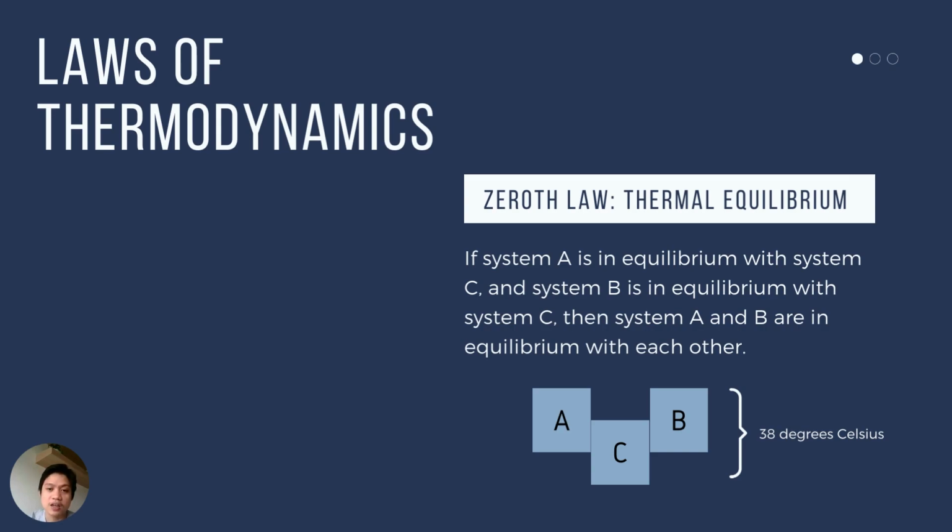When we say that the temperature of a system is this much degrees, it tells us of the relative activity or movement of the particles in that particular system. So, kapag sinabi nating 35 degrees Celsius, the particles in that system are moving at a particular speed.